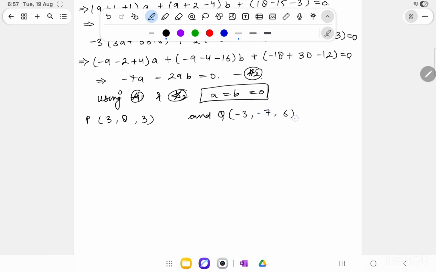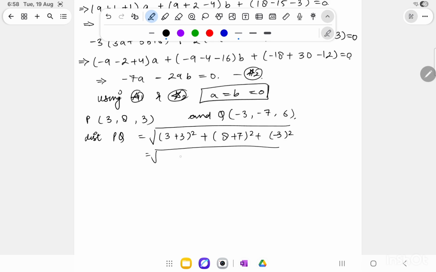So since I have the coordinates of P and Q, using the distance formula, distance PQ will be the square root of (3 + 3) square + (8 + 7) square + (3 - 6) square. If I simplify it, 6 square is 36, 15 square is 225, and 3 square is 9. 36 + 9 is 45, and 45 + 225 is 270.